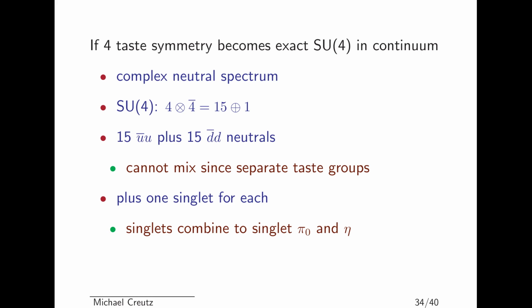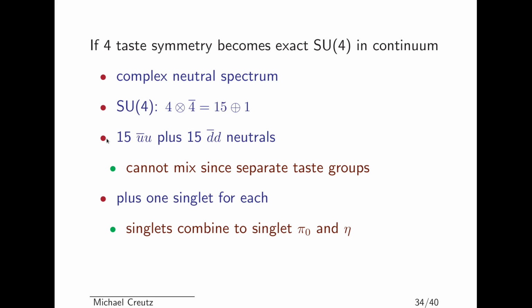It's a little bit complicated, because with SU4, let's look at the neutrals. So let's take a U bar U state. The U is a 4, and the U bar is a 4 bar. And when you take the group SU4, this gives you a 15-plet and a singlet.